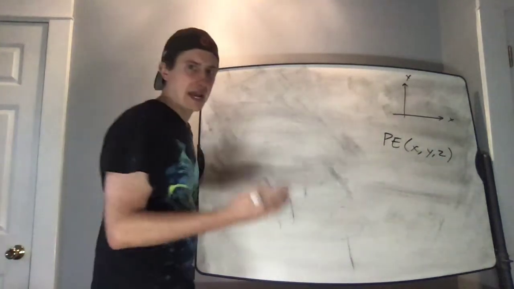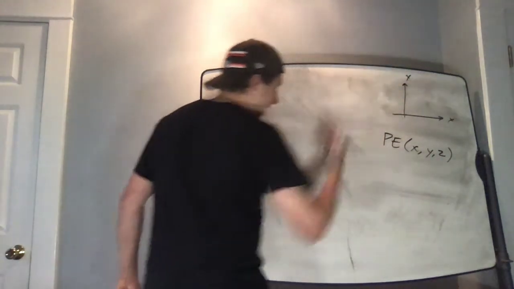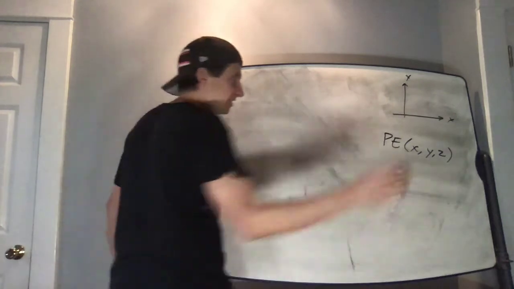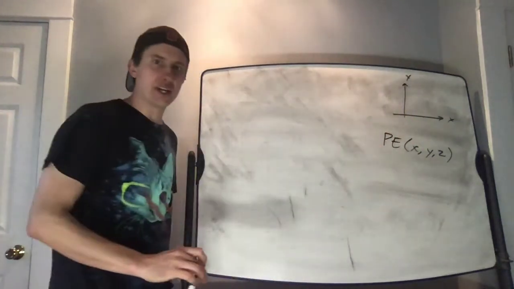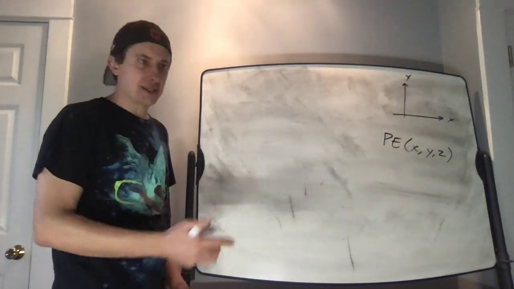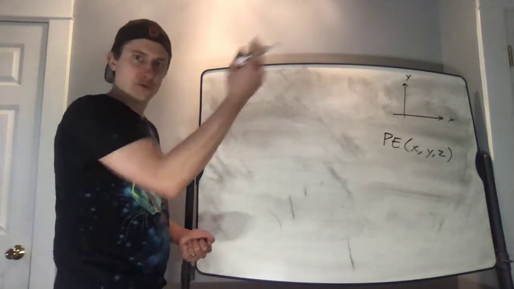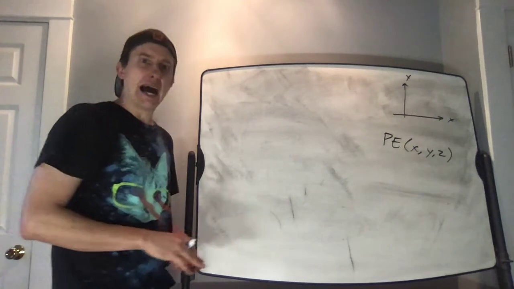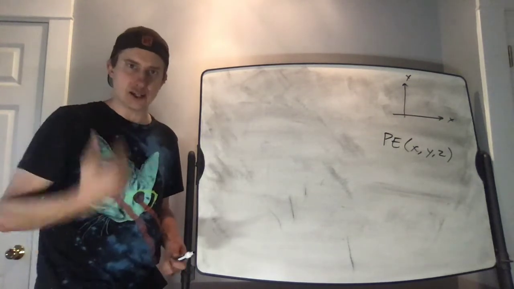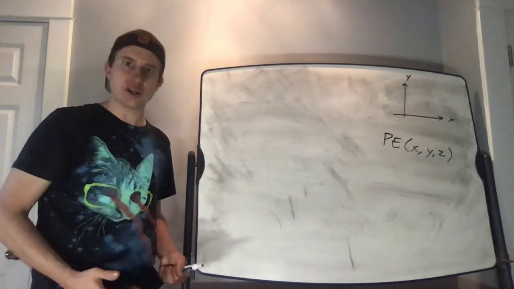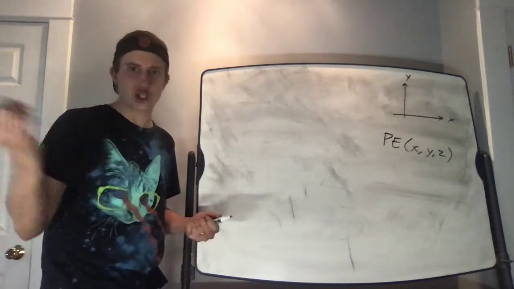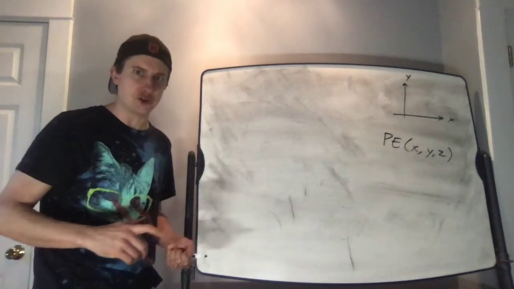So I imagine that I have an x and y axis. You could pretend that the z axis is coming out of the board. And if I have an object that has a location, and then that object may move to a new location, that object could have a notion of an initial position and a final position, and we could meaningfully talk about a change in that object's potential energy.